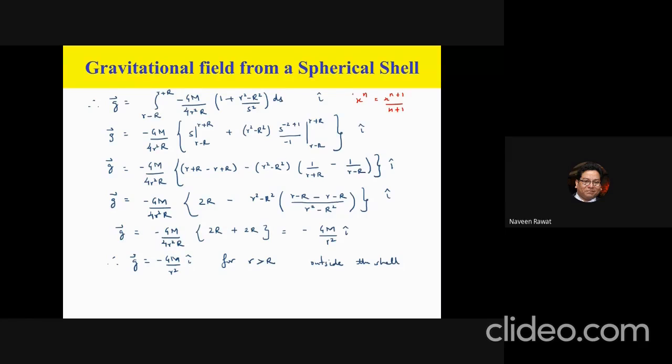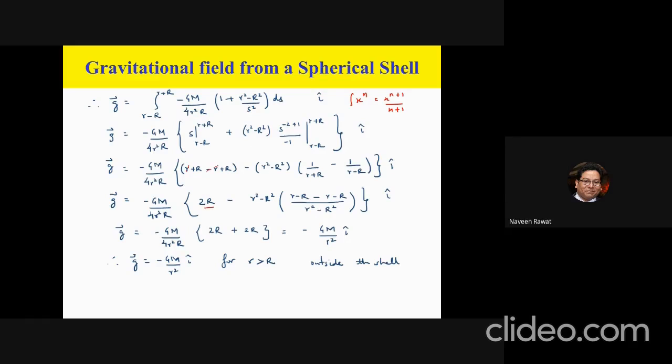So I get s raised to minus 2 plus 1 divided by minus 2 plus 1, which is minus 1. For the first term, I have r plus R minus of this expression, so I get minus r and plus R. Now r and r will get cancelled, so I will be left with 2 capital R.